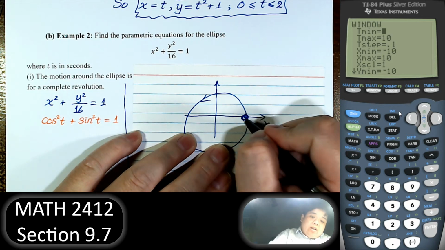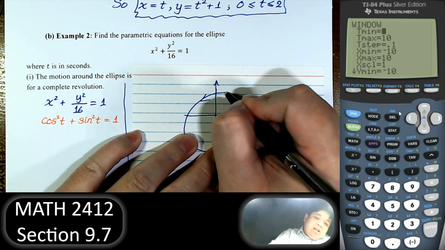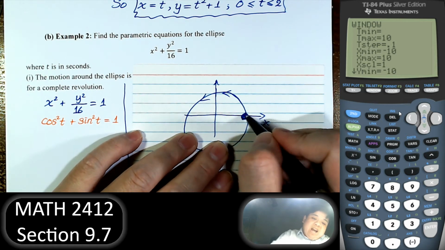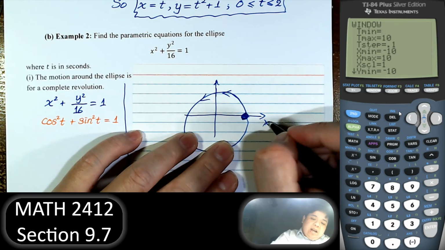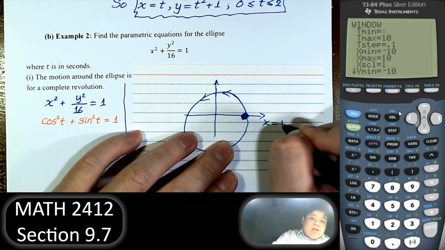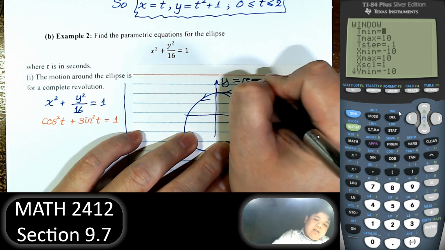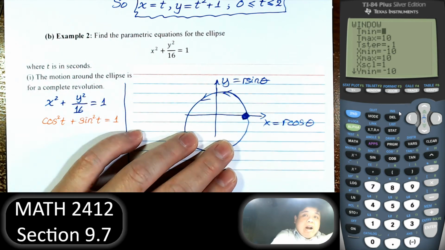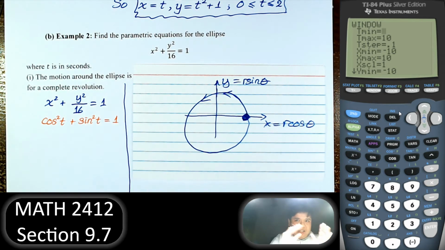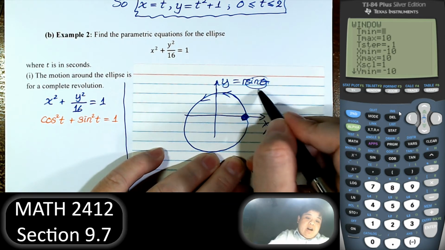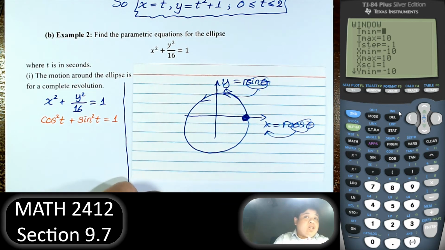The standard polar coordinate goes from the positive x-axis counterclockwise, from x to y, and in standard polar coordinates x is r cosine theta, and y is r sine theta. So if we want to go counterclockwise, x equals r cosine and y equals r sine. That means cosine is associated with x and sine with y. But that is not what we want. What we want is clockwise.